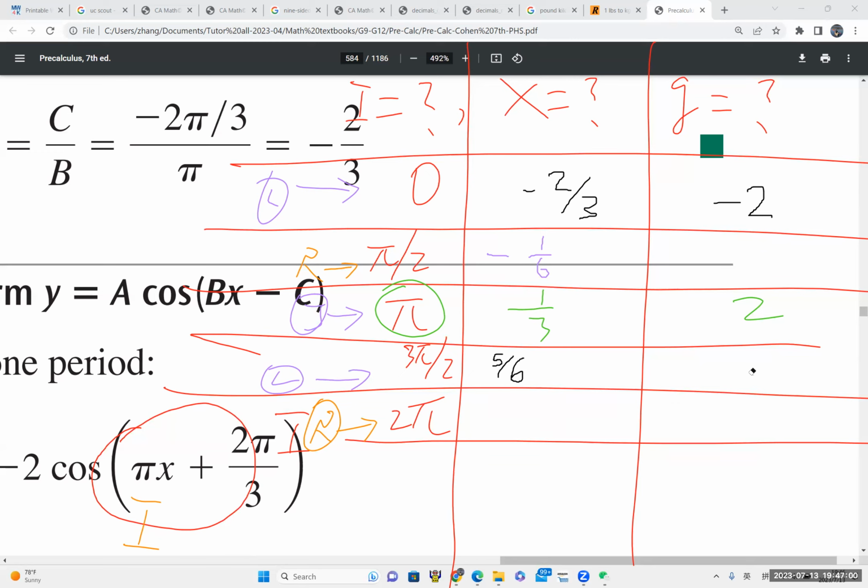And then this would be, wait, 2 pi over 2. I got this. I think this is correct.